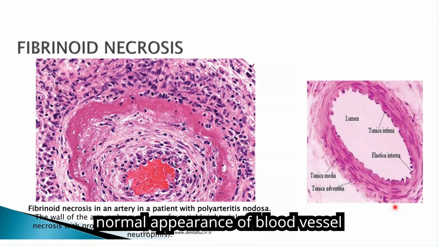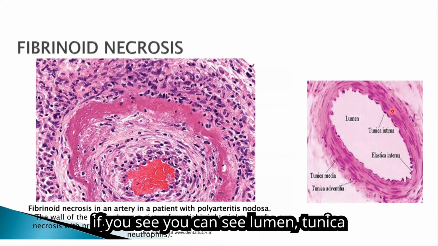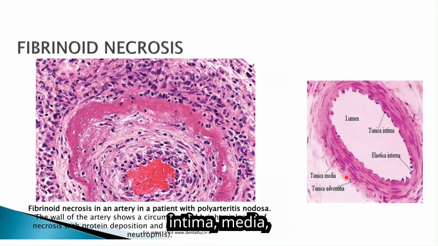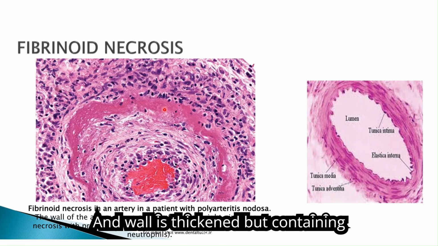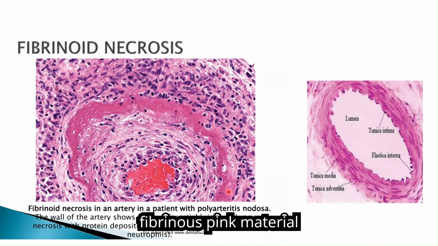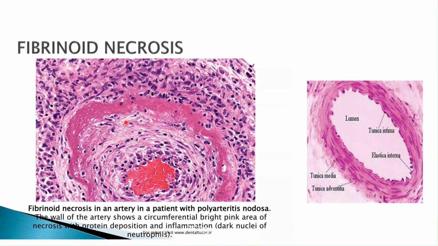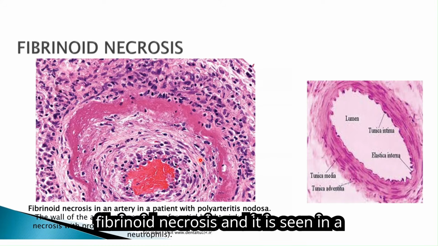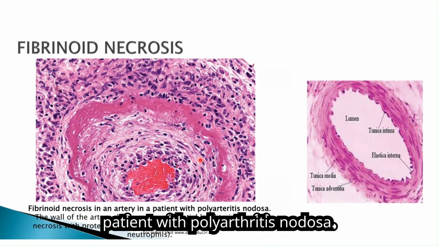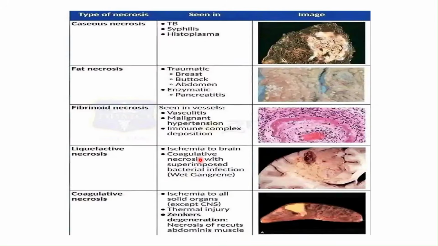See, normal appearance of blood vessel, you can see lumen, tunica intima, media, adventitia and elastic lamina. Here the lumen is narrowed and wall is thickened but containing fibrinous pink material and inflammatory cells. So this is fibrinoid necrosis and it is seen in a patient with polyarteritis nodosa.